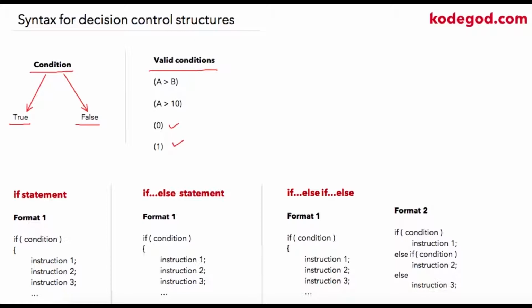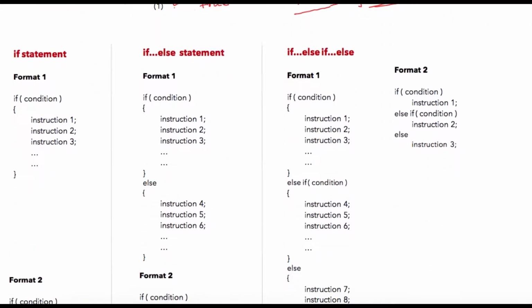All the conditions are evaluated to a certain value. If the value is 0, the result is false. And if the condition is evaluated to any non-zero number, it will be treated as true. In this case, 1 is true and 0 is false. Similarly, minus 100 and a constant like a, all these values are true.